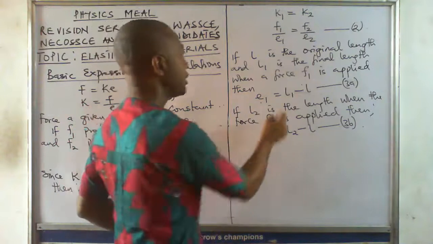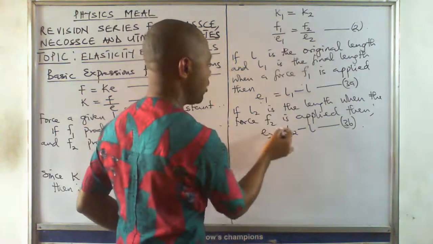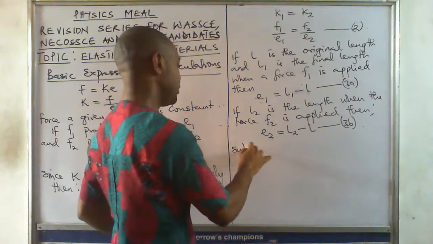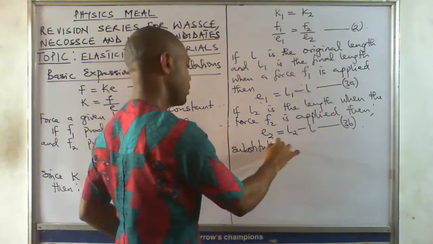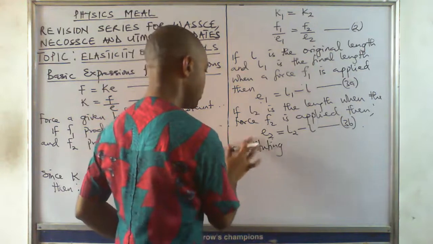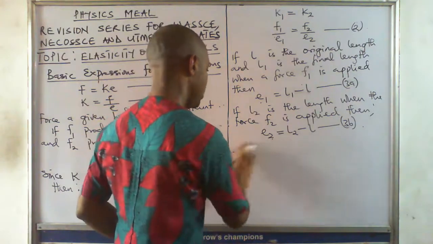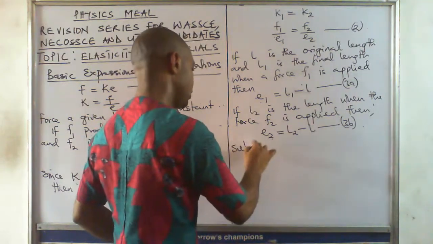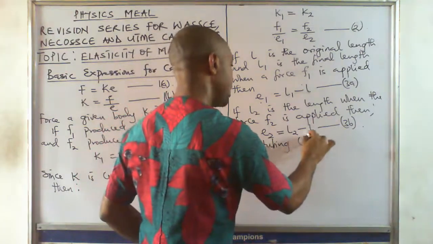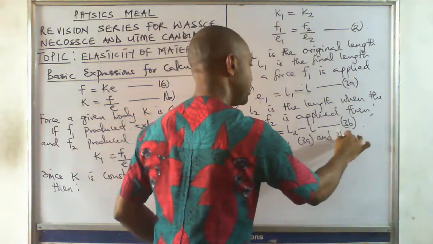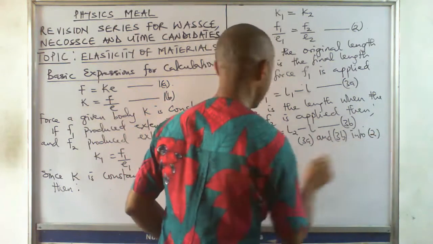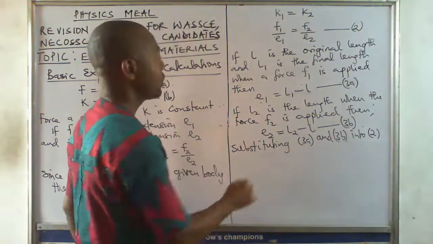And if I do that, in place of each one, I can write what? L1 minus L, L2 minus L. So substituting equations 3A and 3B into 2, we're going to have what?